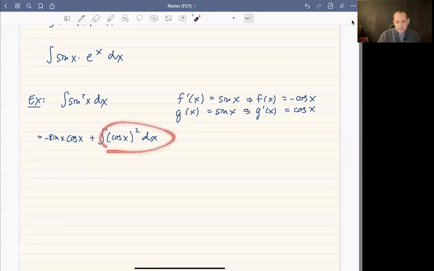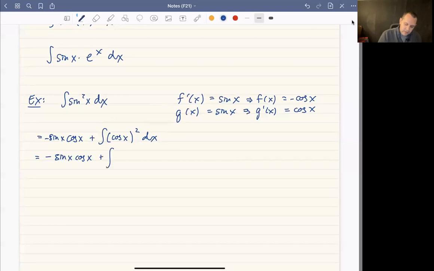What we can do though is evaluate cosine squared and think of this as 1 minus sine squared, like we were just saying. Now it does help. So in the integral, I'm going to think of this as 1 minus sine squared x. Before I rewrite this, let's just evaluate.